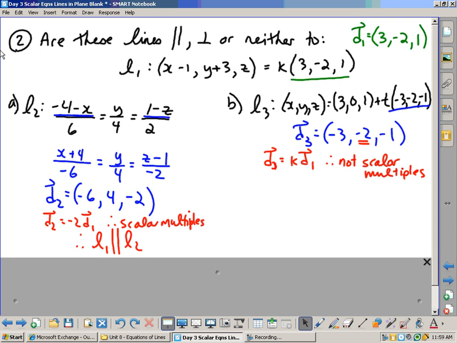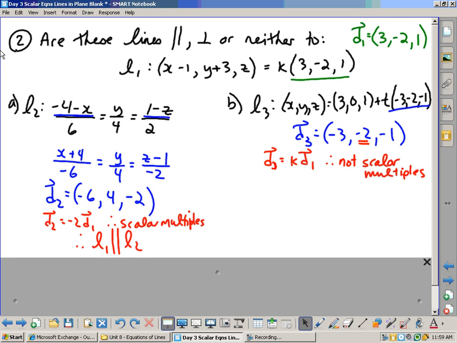The other option is it could be perpendicular. So I've got to figure out, well, how could I tell if D3 is perpendicular to D1? I'm hoping someone will be screaming at the board that they know how to tell.